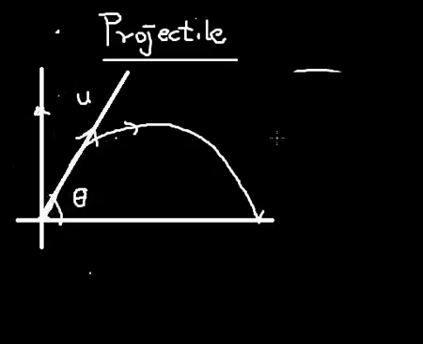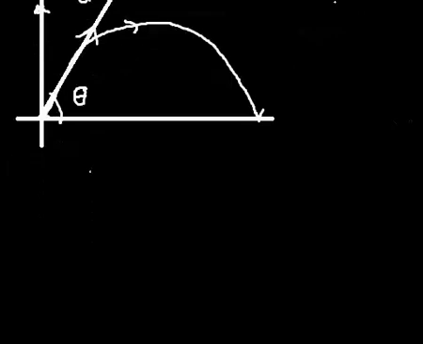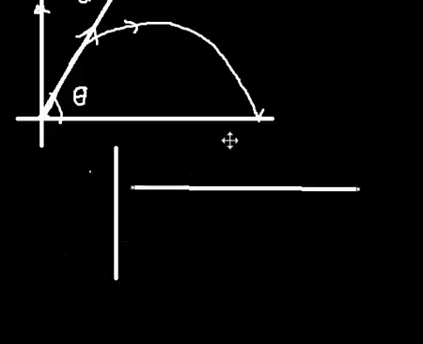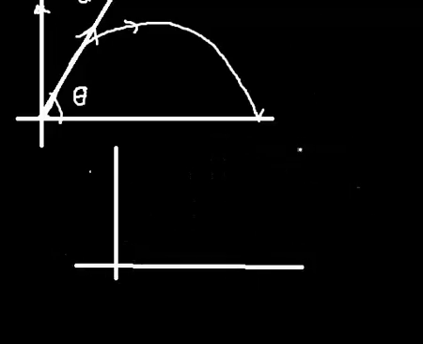So the motion of a projectile, if I should redraw this in a graph, let's say this is the vertical component of velocity when you consider velocity in the vertical axis, and this is the horizontal component.